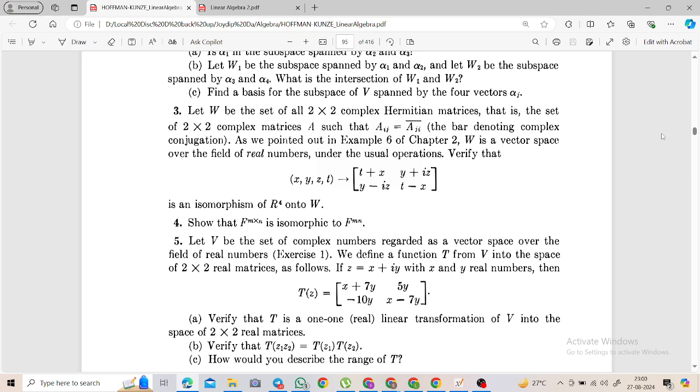W is the set of complex Hermitian matrices. V is the set of complex numbers regarded as a vector space over the field of real numbers. We define a function T from V into the space of 2 cross 2 real matrices as follows.